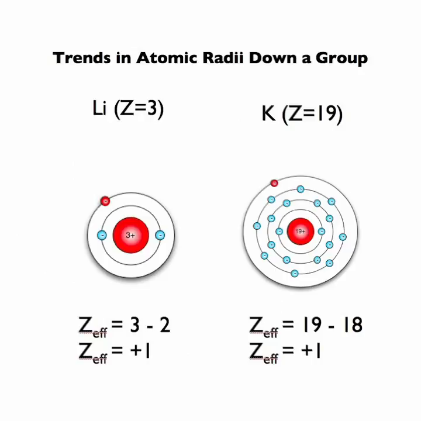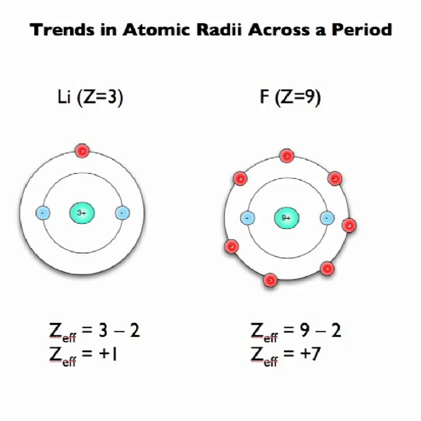Now, how does this compare as we move from left to right in the periodic table for atomic radii? We're going back to our lithium and our fluorine atom. Lithium had a +1 nuclear charge and fluorine a +7 nuclear charge. Each one valence electron in the lithium atom feels a +1 charge.